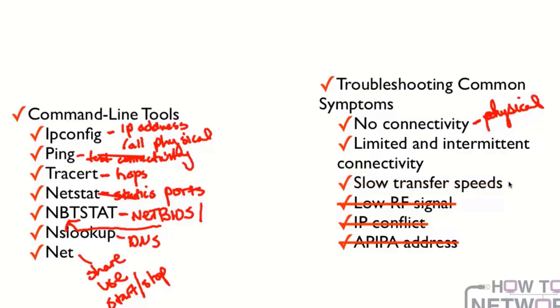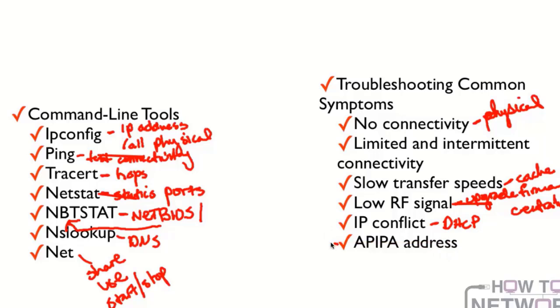Slow transfer speeds, check your distance, check your caches, etc. Low RF signal, upgrade the firmware, or centralize the access point. IP conflicts mean that you have more than one IP address. Generally, restarting will fix the problem, but you want to make sure everything is set up with DHCP if possible.